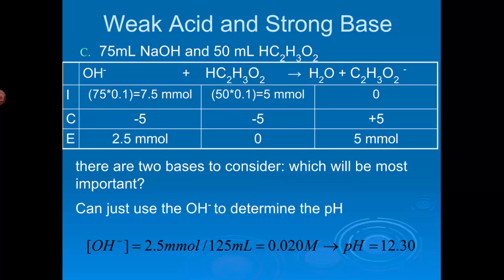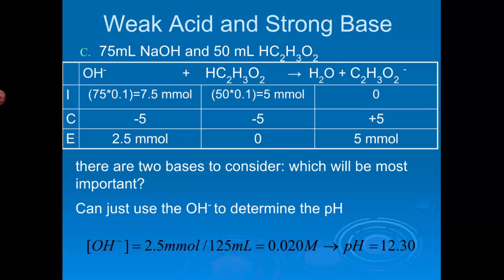with 75 milliliters of the base and 50 milliliters of the acid. Okay. Now, look at this one, though. We have some hydroxide left over, and we have some acetate produced. That's two bases, so which one is most important? Well, the OH minus is 2.5 millimoles, and there's 5 millimoles of the weak base.